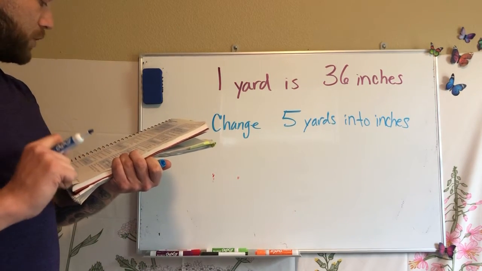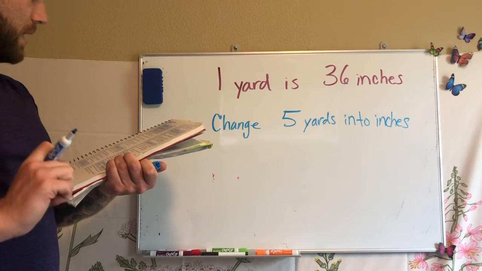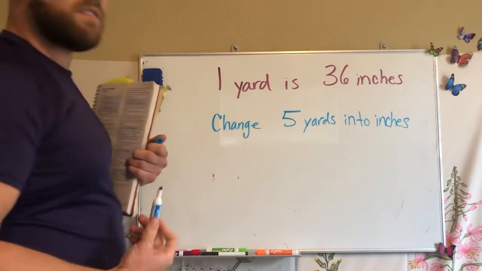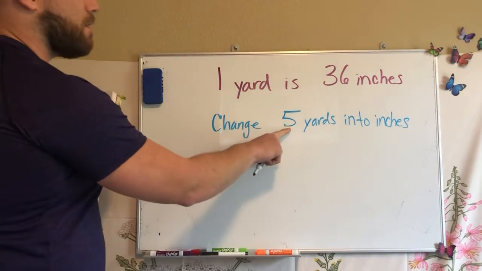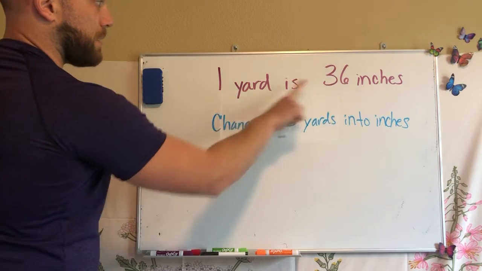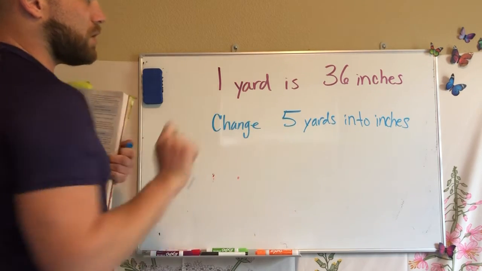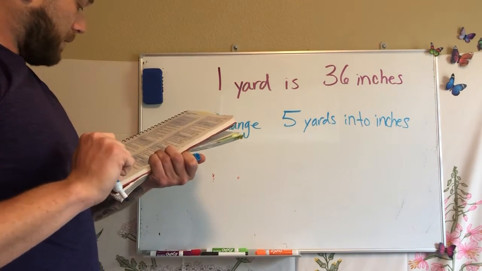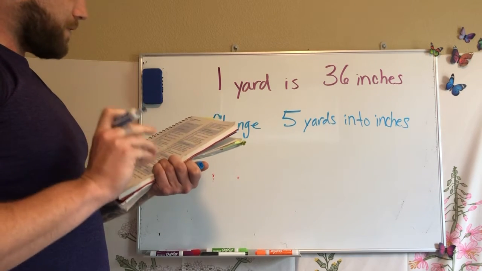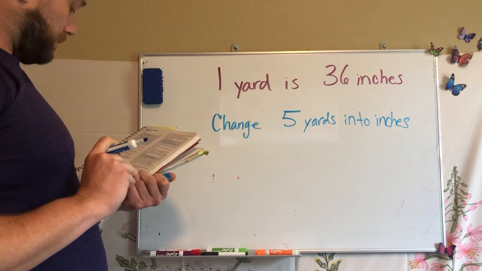So, if you change yards into inches, you'll end up with more than 5, because you're multiplying 5 yards into inches. Remember, this is 36 times more when you have 1. Now you know you have 5. So, do you multiply or divide to figure out the inches?